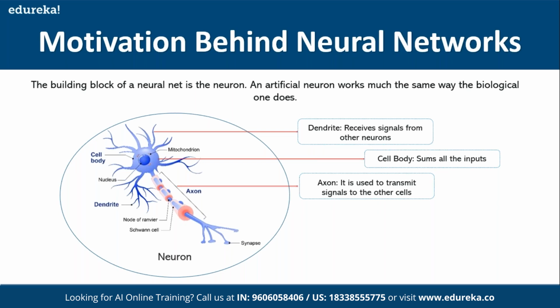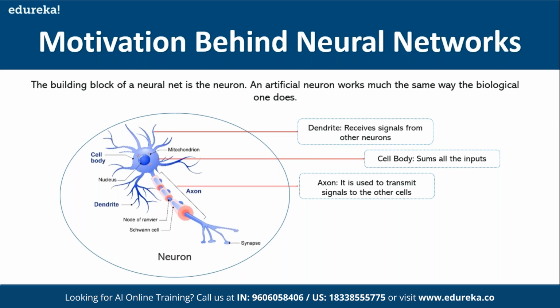area which receives the signal from other neurons. Then you have the cell body. It is the area which sums up all the inputs. Then you have the axon used to transmit signals to other cells. So this neuron became a motivational factor to create artificially enabled neurons.